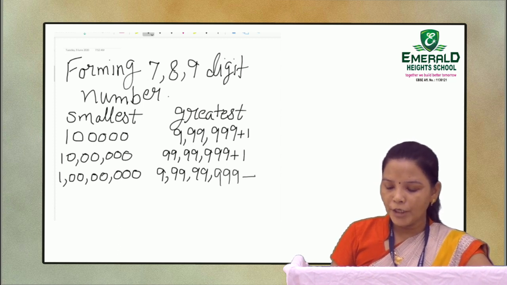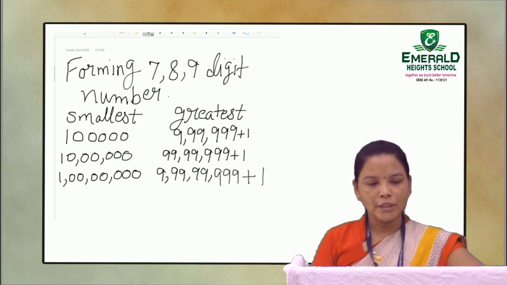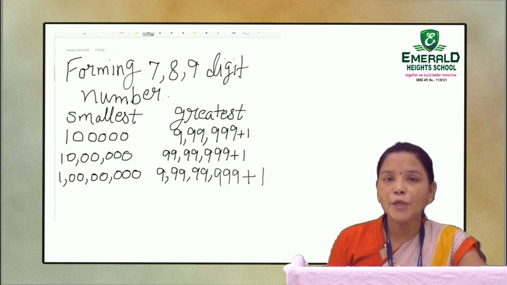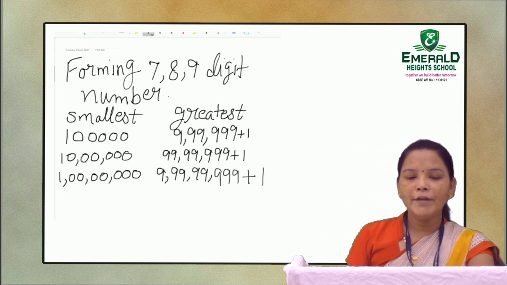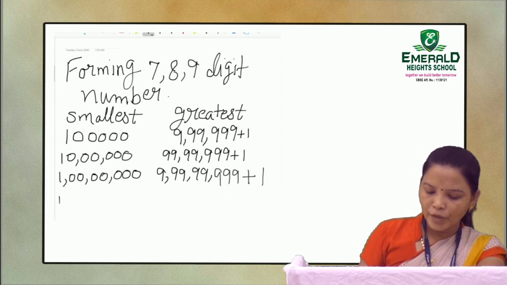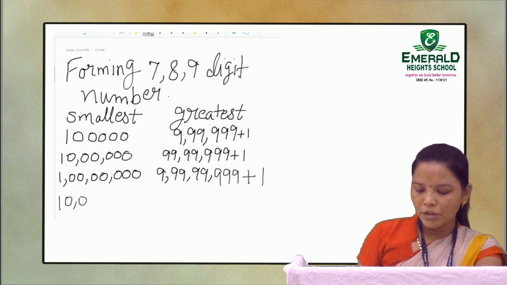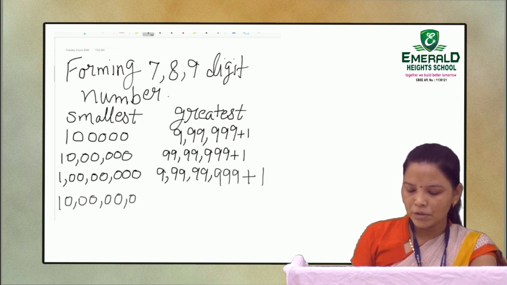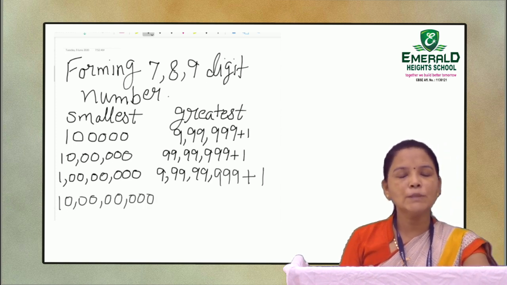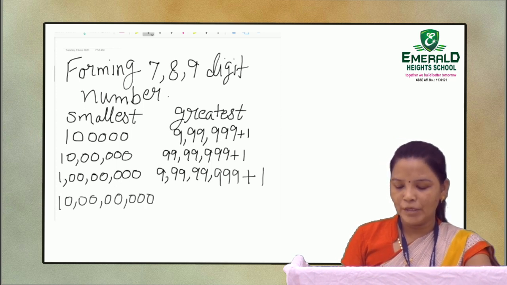Now if we add 1 in this number, that is 9 crore 99 lakh 99,999, we will get 10 crores. And 10 crore is the smallest 9 digit number.